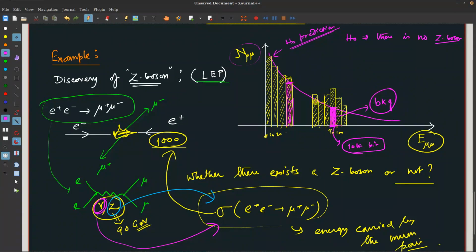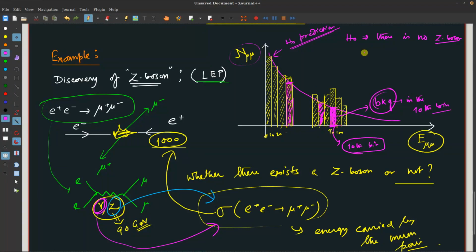All these things are basically the background prediction. So this is the background in the 10th bin, okay? Similarly, in every energy bin you have a prediction for the background, okay? And you want to see whether you are observing a new effect over the background, okay?